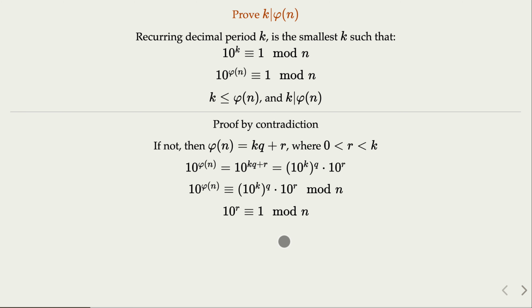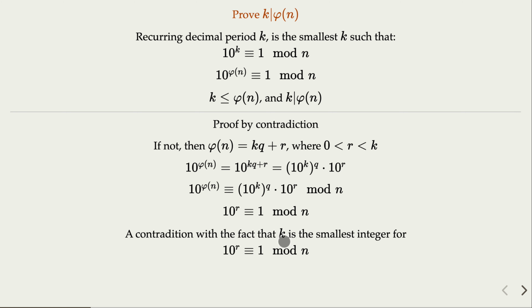Alright, so a contradiction is given here, which means the original assumption is false, right? So that is called proof by contradiction.